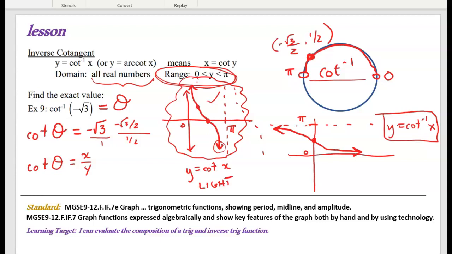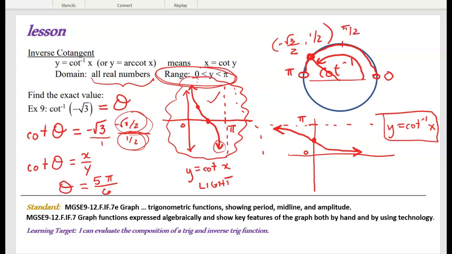So where did that negative root 3 come from? It came from negative root 3 over 2 as my x value, and 1/2 as my y value. Well, what angle takes me there? What angle takes me to this point? And the answer is 5 pi over 6. And I loved some of those presentations in class because you knew, oh, I'm in the second quadrant, negative root 3, and then there are only 3 points between pi and pi over 2.